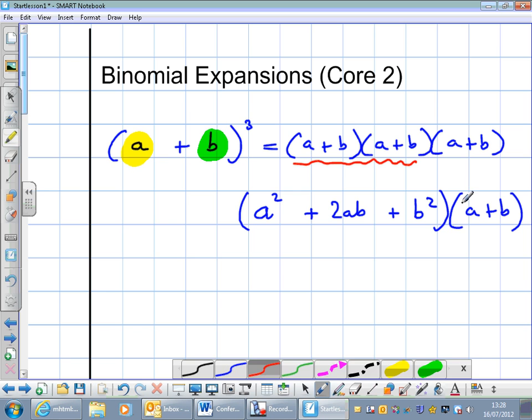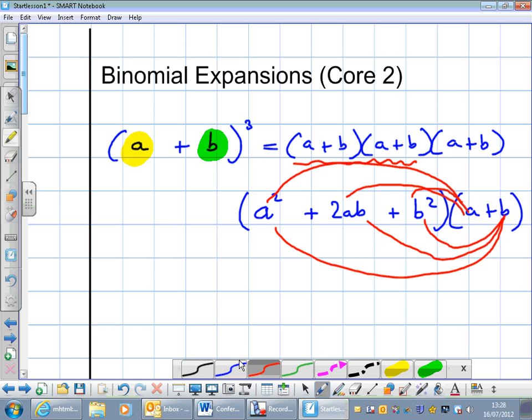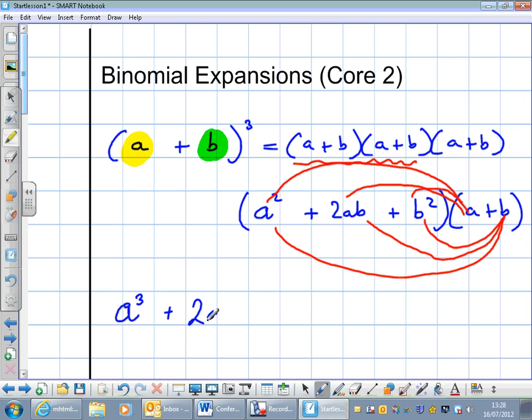Now, topping and tailing, so I don't forget anything, I've got to do 6 algebraic multiplications, working from right to left. a squared times a gives me a cubed. a times 2ab is plus 2a squared b. a times plus b squared is plus ab squared.